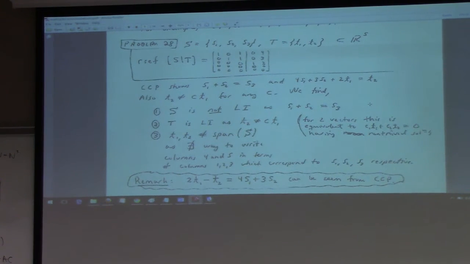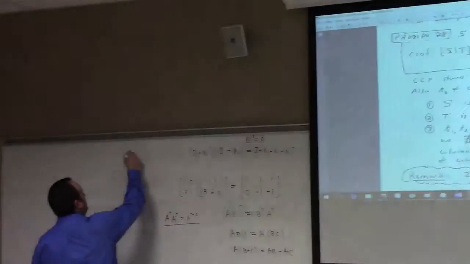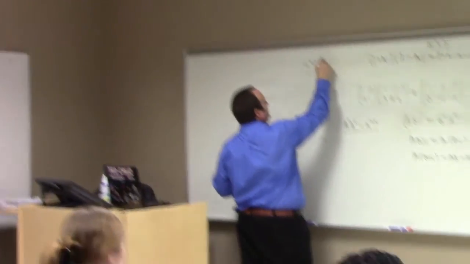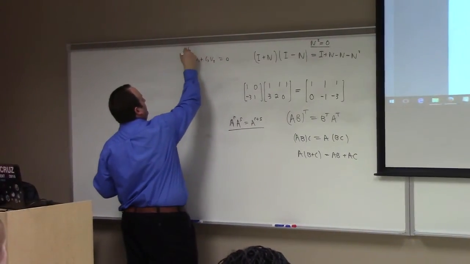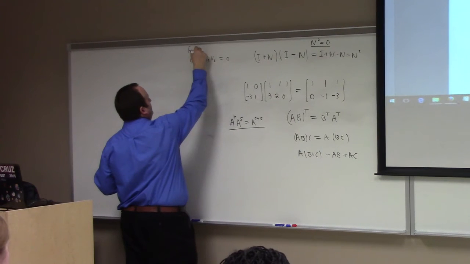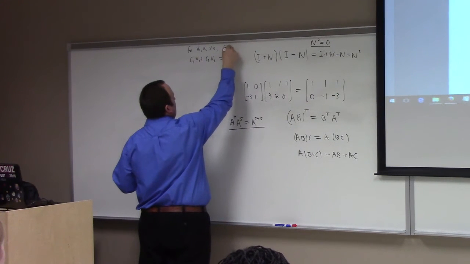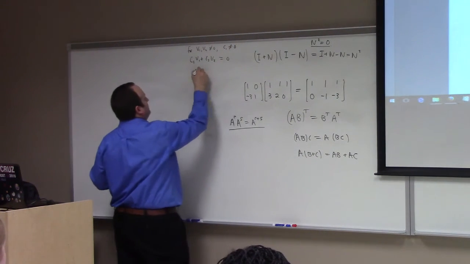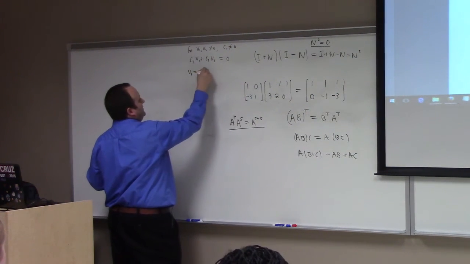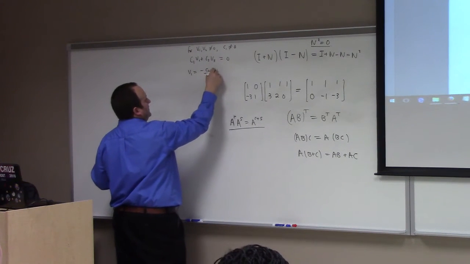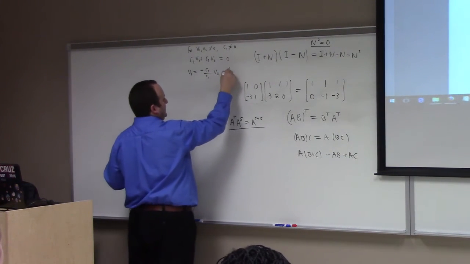See, because suppose you have C1 V1 plus C2 V2 equal to 0, for V1, V2 not equal to 0, and for C1 not equal to 0. Then what does that say? It says V1 is equal to minus C2 over C1 times V2, right? In other words, it's just k times V2.